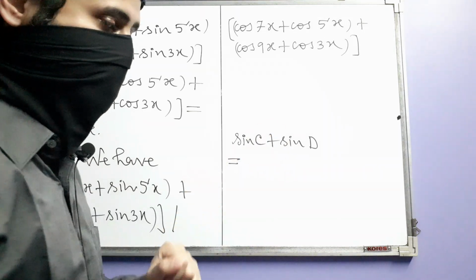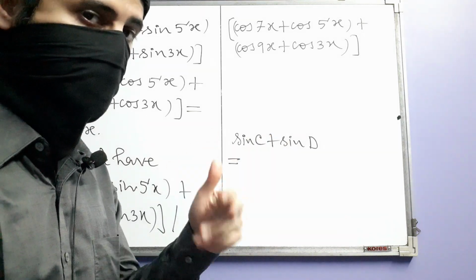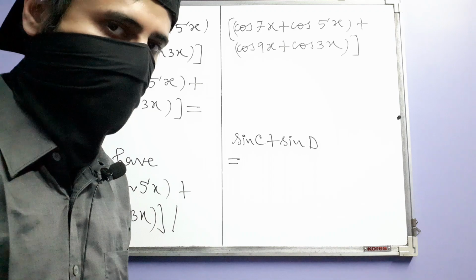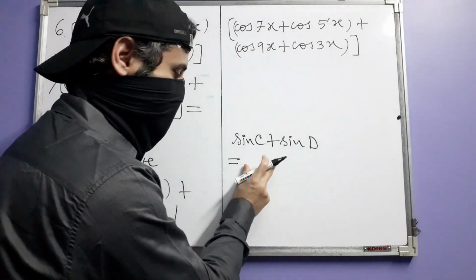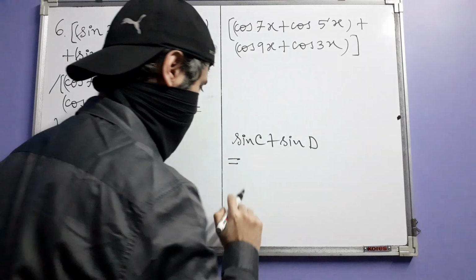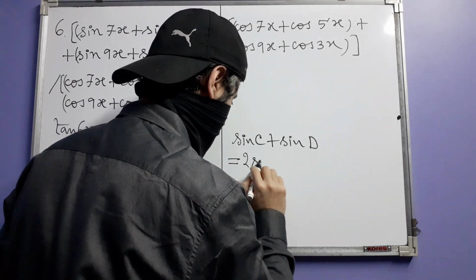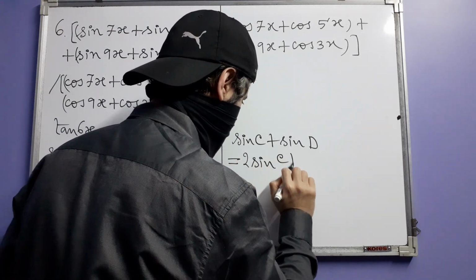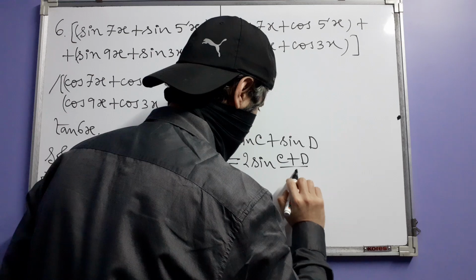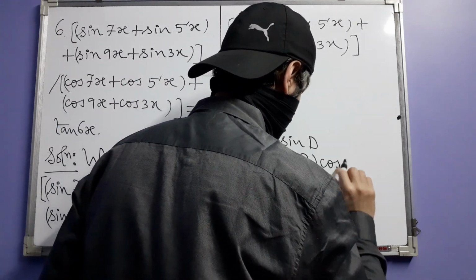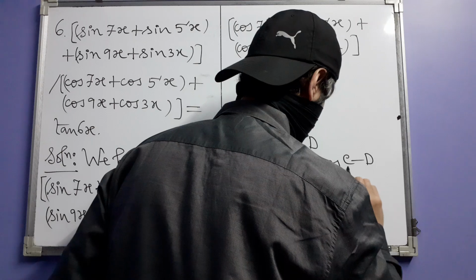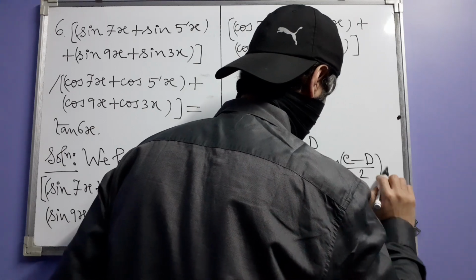When we have sine, then we have mixed terms, sine as well as cos. And when there is a plus, sine comes first followed by cos. So this one is 2 sine c plus d over 2 times cos c minus d over 2.